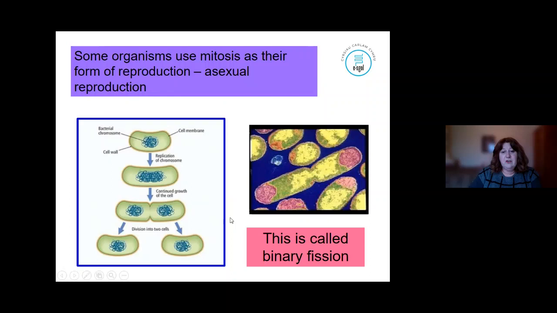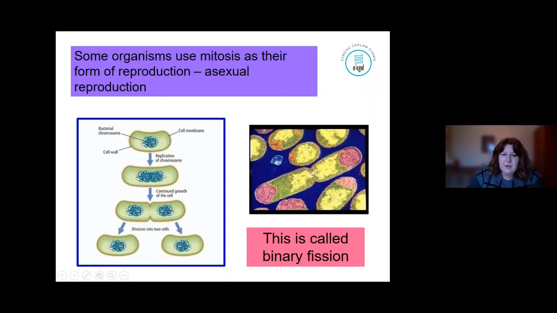We call this binary fission, and you can see a little image there in colour, so you can see it a little bit more clearly. The pink parts are the chromosomes, so there's a chromosome in that part of the cell, there's a chromosome in that part of the cell, and you can see where there's that pinching in point there.